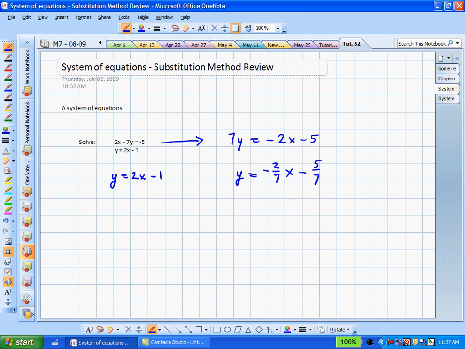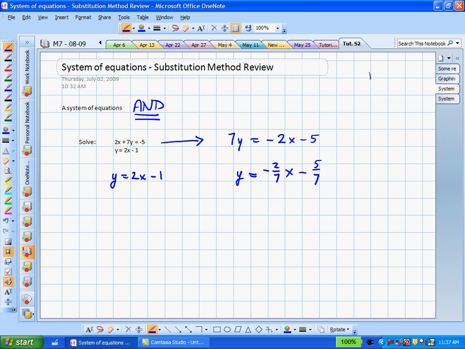Now, when we're solving a system of equations, there's an implied connector, and that's the word and. The system, in general, defaults to and. We're only interested in the things which satisfy this condition and satisfy this condition. What satisfies this condition are all the points that are on this line, and what satisfies this condition are all the points that are on this line.